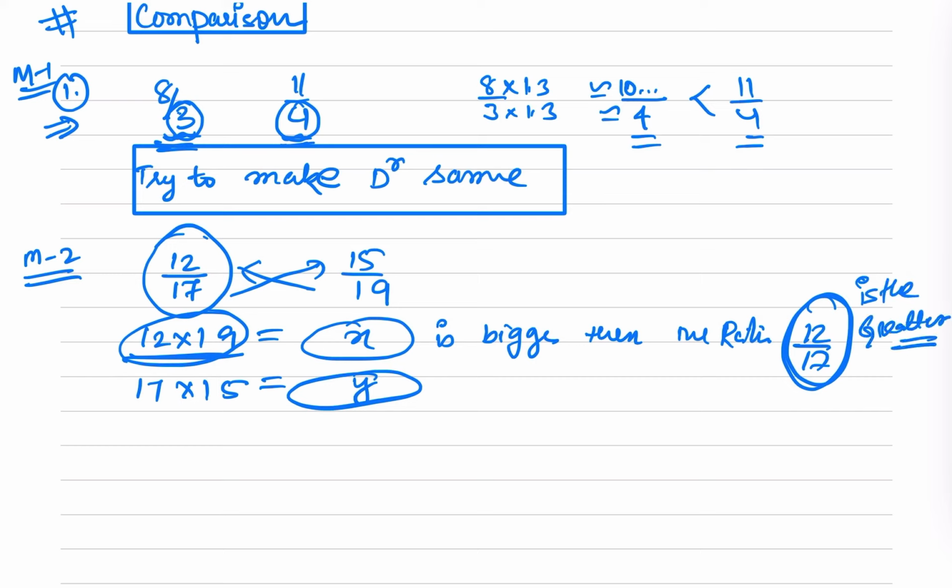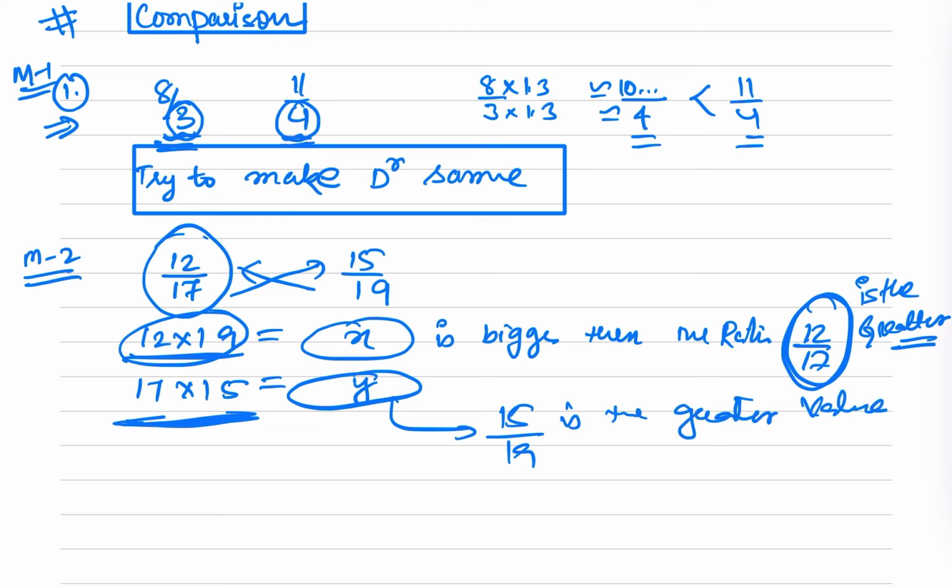But if this is bigger, then 15 by 19 will be the greater value. Are you understanding or not? It's as simple as that.